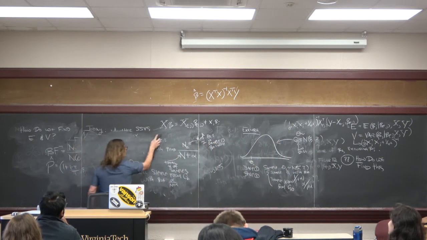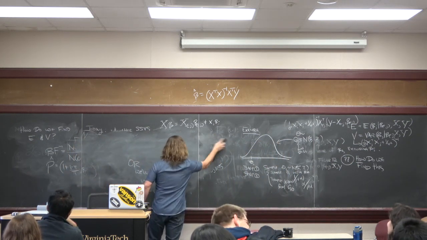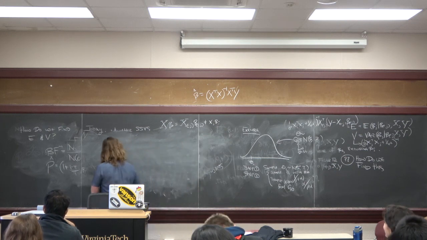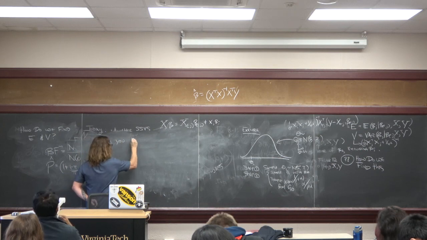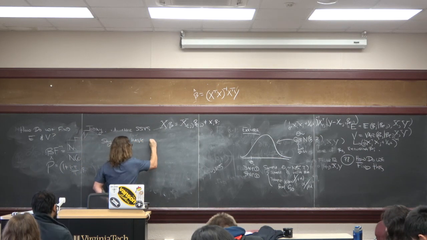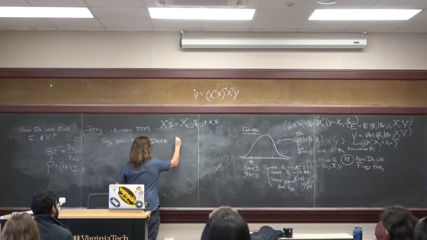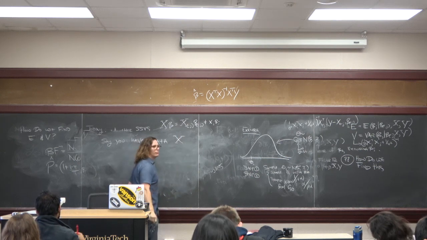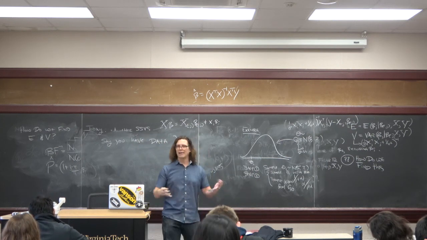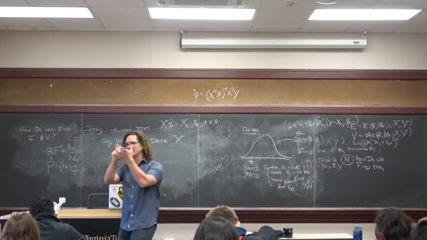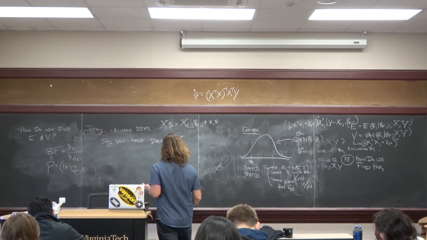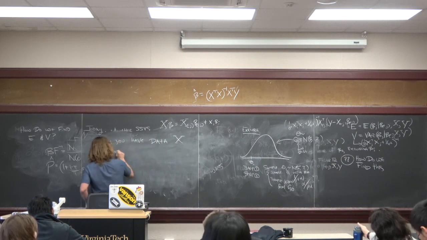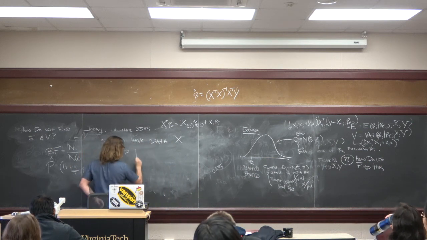So let me show you how this works. So let's say you have some data, X's. Okay, so this is just a whole bunch of high-dimensional vectors. Maybe they live in some space, and this might be some clustered data. So in 2D, it might look like this.